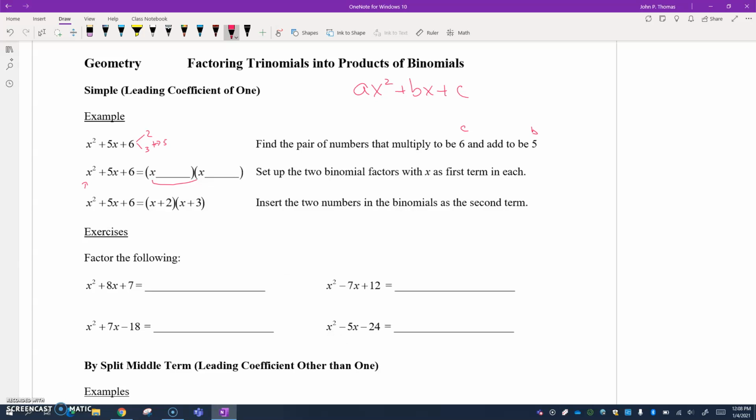Now we take our number pair, positive 2 and positive 3, and drop those in. We can always check this: our firsts, our outers, that's 3x, our inners, that's 2x, and our last, that's a 6. If we multiply that back out with FOIL, we'd be right back to where we started, so this is our factored form.